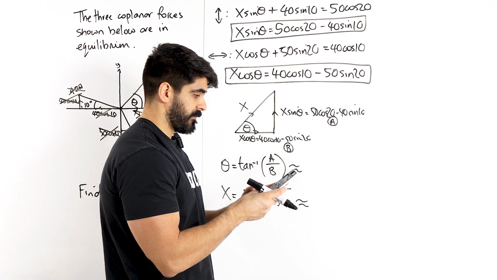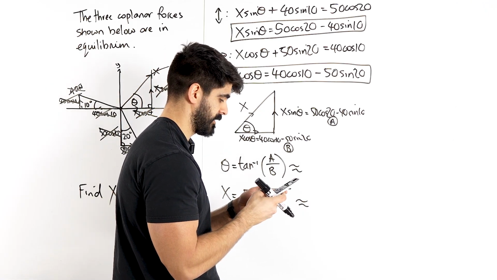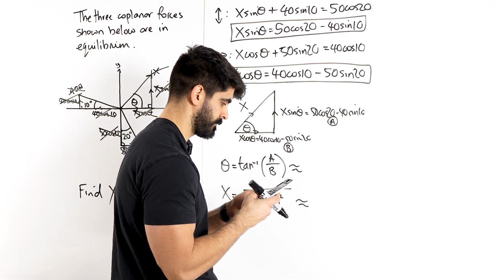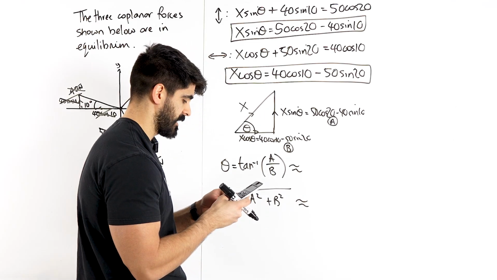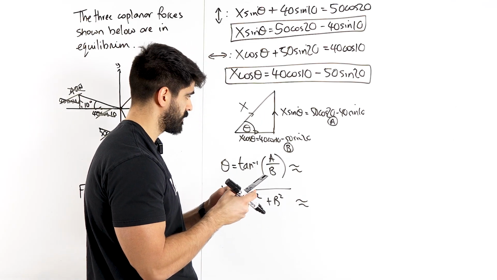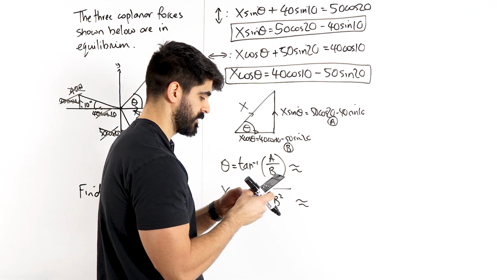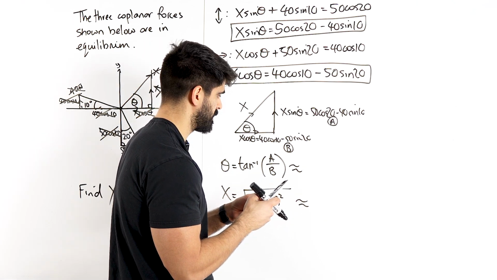So typing this in, I have 50 cos 20 minus 40 sine 10. So that's about 40, so I'm going to store that as a, like I've said. And then I have 40 cos 10 minus 50 sine 20. About 22, so I'm going to store that as b.